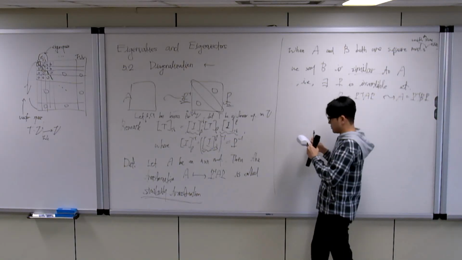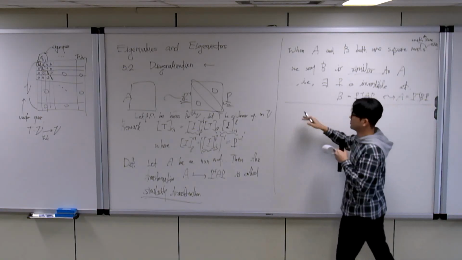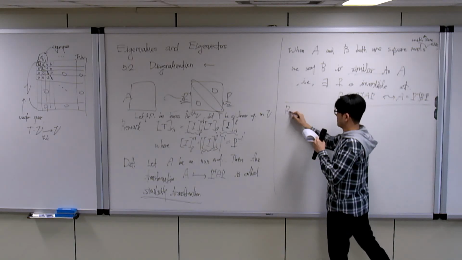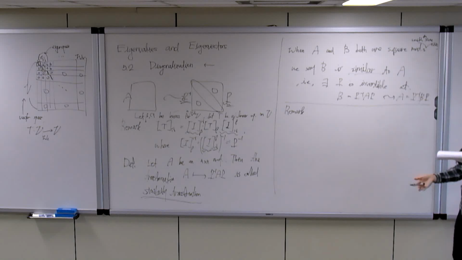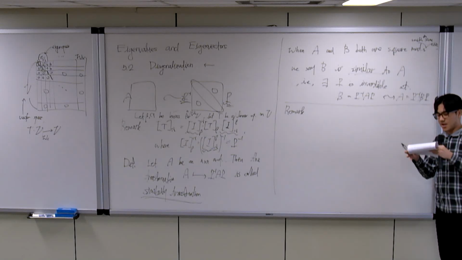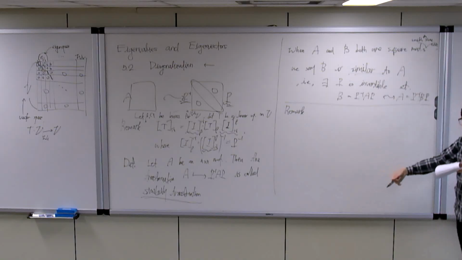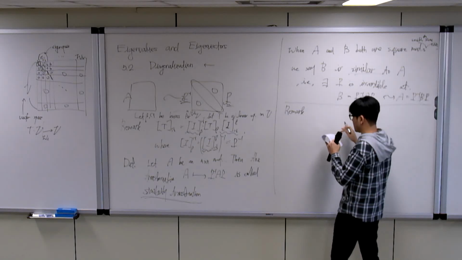So when we consider this notion, so far we have seen some invariance on a vector space, and this similarity transformation also has some invariance.